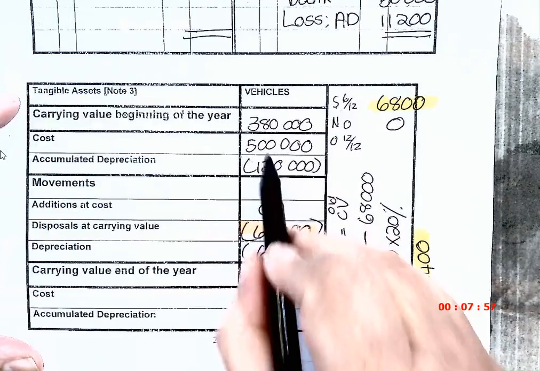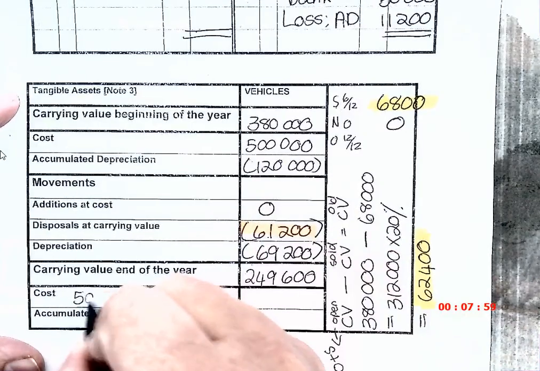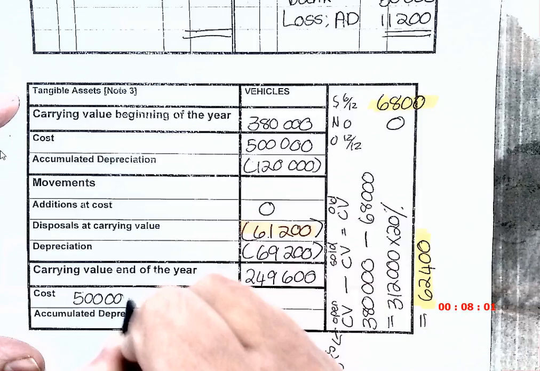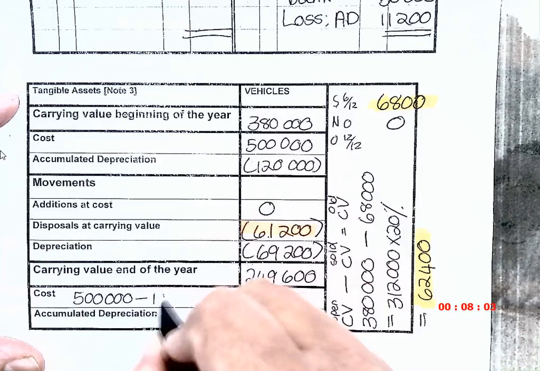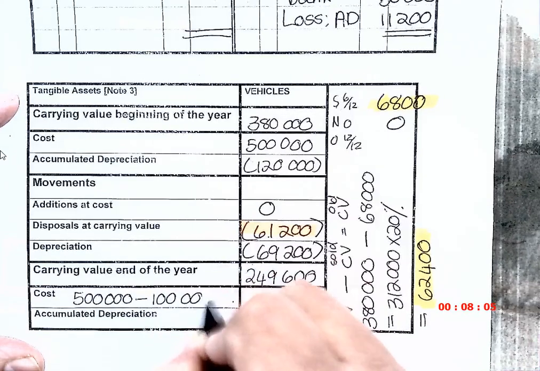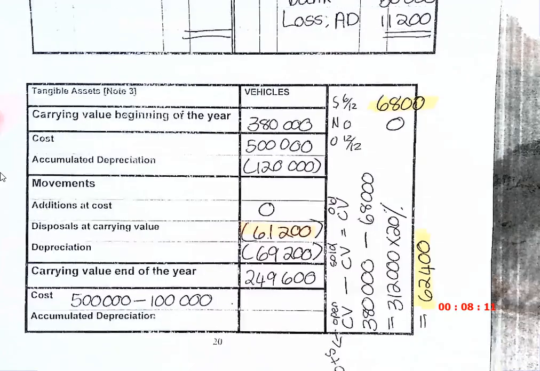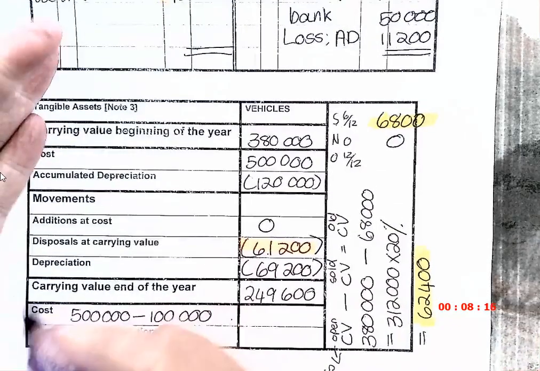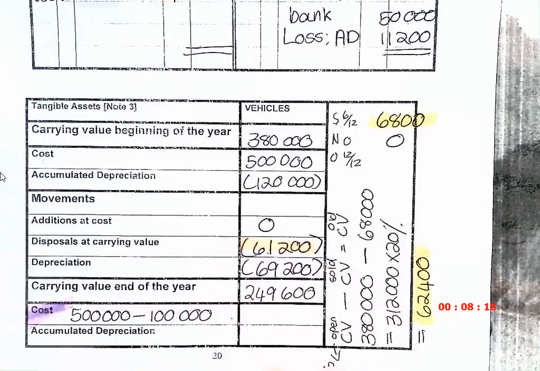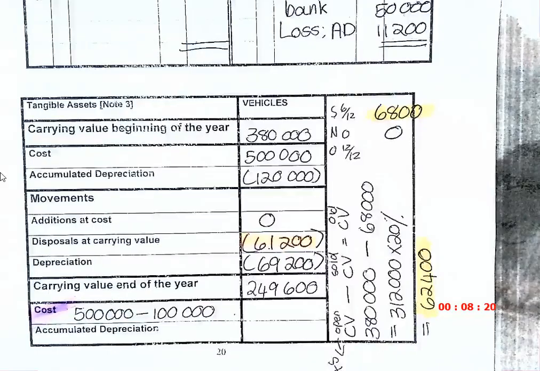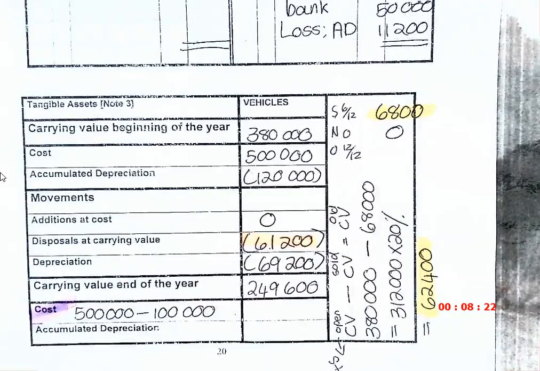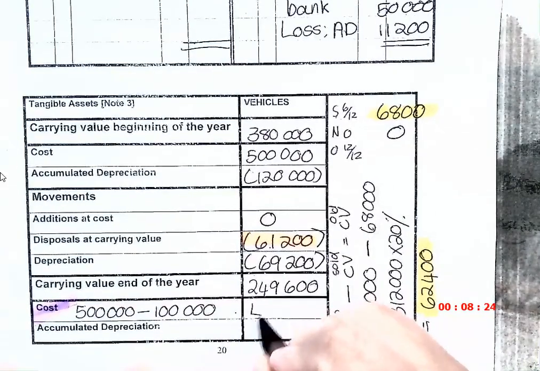You agree with me, the cost is that 500,000 at the start of the year, less the 100,000 that I sold. Can you see both of these amounts? It's super important that you remember this. Both of these amounts are the cost. Nothing else but the cost. So this is going to give me 400,000.